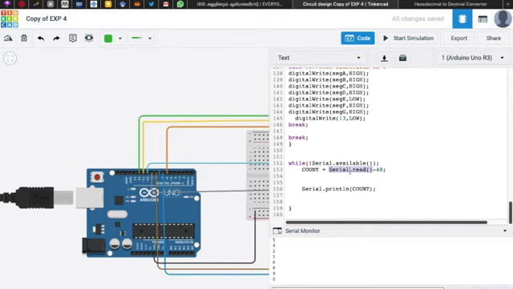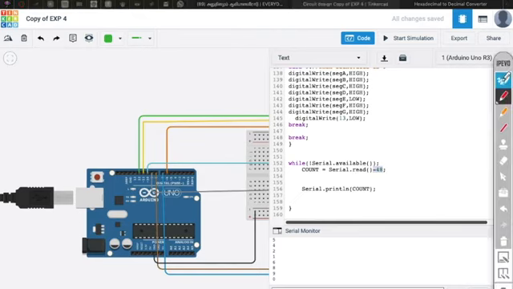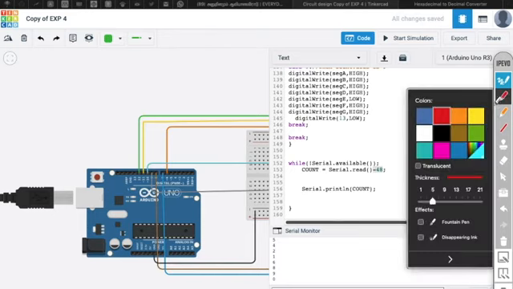That value is assigned to count, and that has been printed again. Now you may ask, what is this 48 for? Minus 48 is to convert the ASCII value to the decimal value. So what is the difference between ASCII value and decimal value?